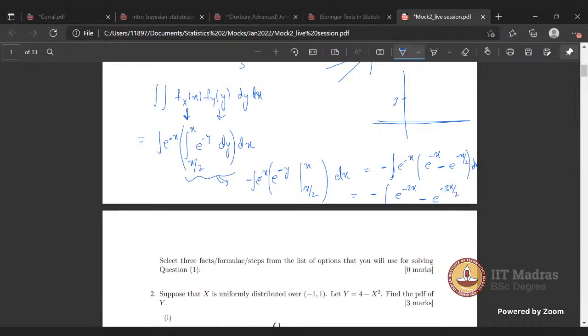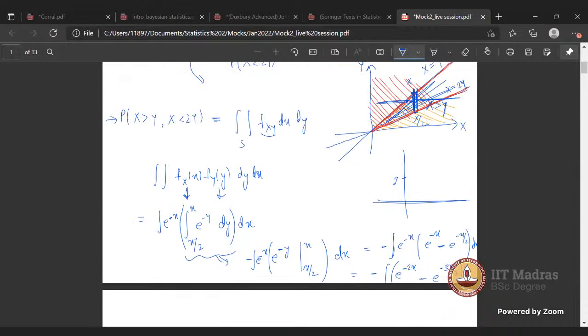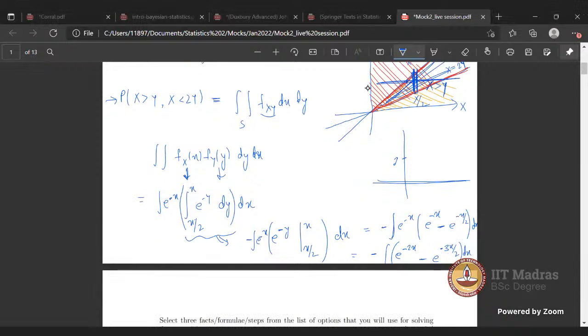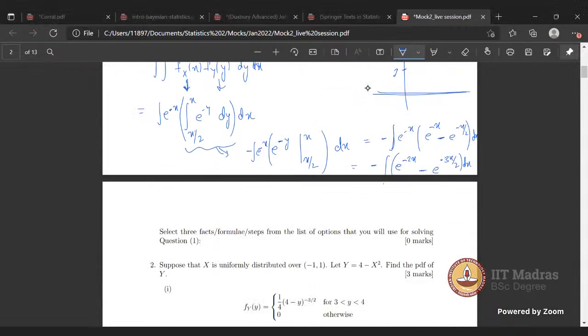And you have to integrate this with respect to x. Now, how is x varying? You have fixed the limit for y. Now, how is your x varying? X is varying from 0 to infinity. So again, you just integrate with respect to x and then you can get your answer.